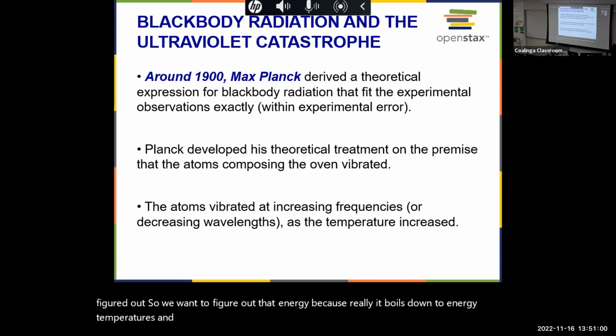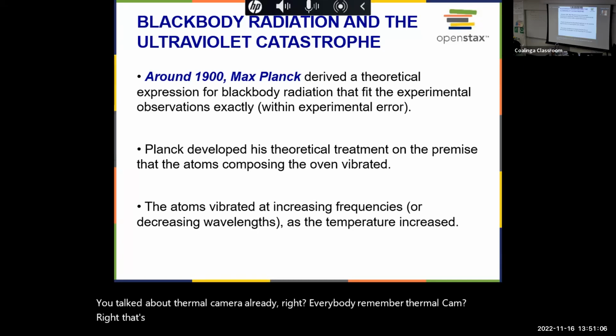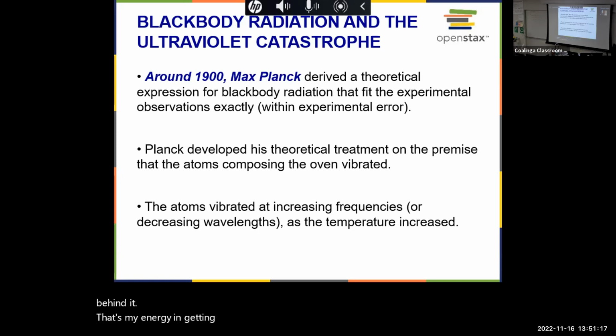As we talked about in thermal chem already. Everybody remember thermal chem? That basically is energy. So he was doing the science and the calculus behind it. So much energy in, but why wasn't it working out?